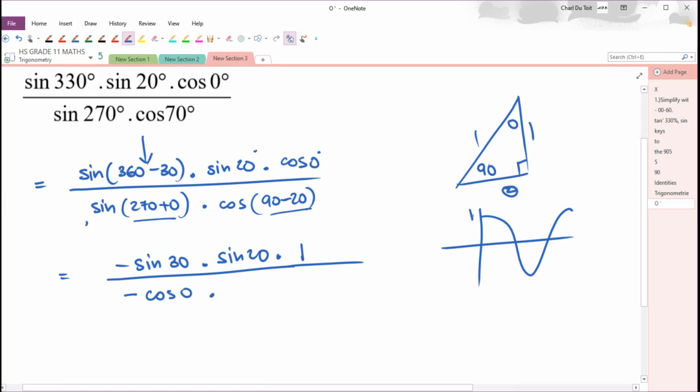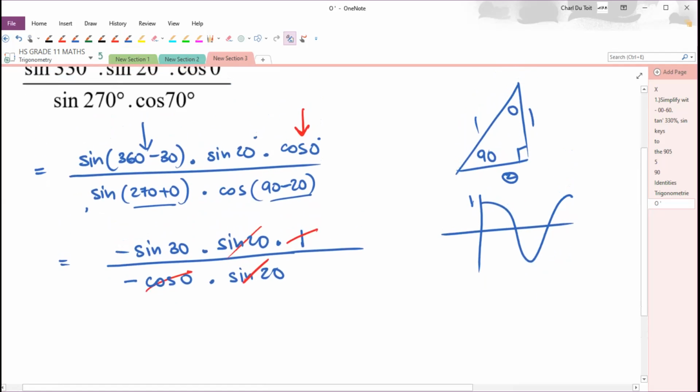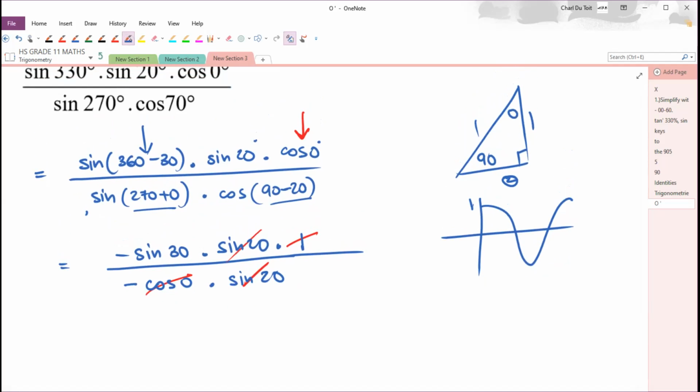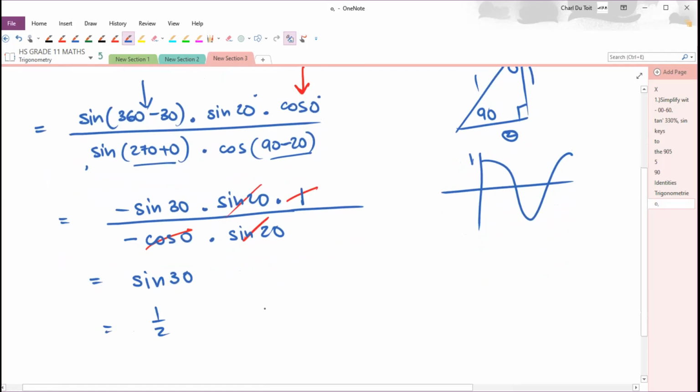Times, this is first quadrant, so everything is positive, becomes sin 20. Now, these two cancel. You could have left the cos 0 as cos 0, and then the cos 0 and the 1 will cancel. And a negative divided by a negative is a positive. So I'll get positive sin 30, and this is a half, but I have to draw that triangle too. And that's 30 degrees. 1, 2, √3. Sorry, this pen is a bit thick.